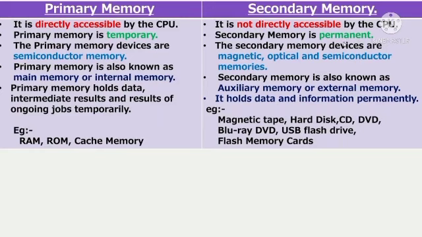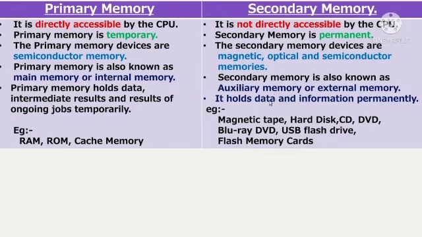The secondary memory devices are magnetic, optical and semiconductor memories. Primary memory is also known as main memory or internal memory. The secondary memory is also known as auxiliary memory or external memory.